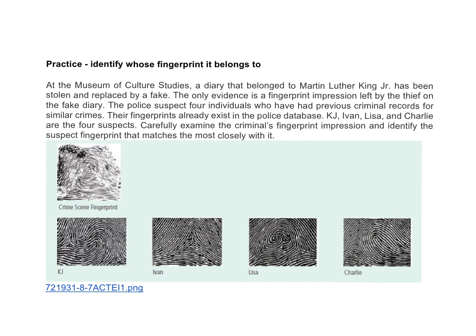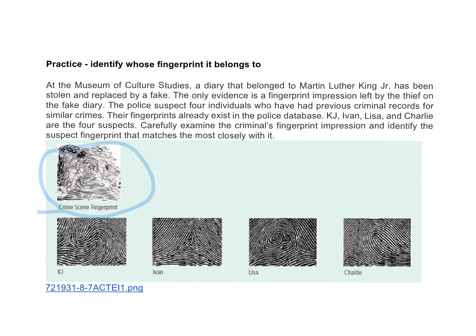Okay, we come to our last practice. There is this case study. There's this diary that is being stolen and replaced by a fake one, and the only fingerprint left behind by the thief on the fake diary is this a bit partial one. It's not complete.